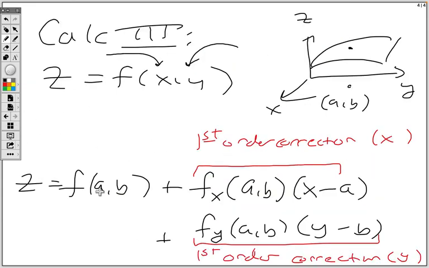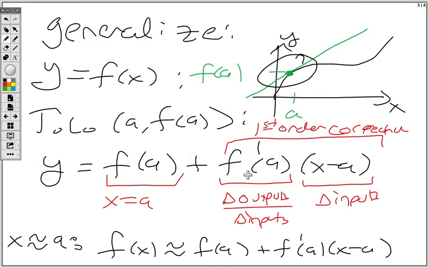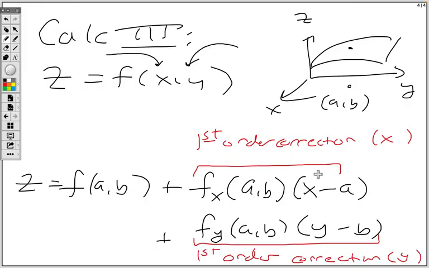We have our initial function value, and then we're trying to figure out, if we move off of that point, what the approximate change in the function will be. In Calc 1, we have only one independent variable, so we look at that rate of change times the change in the independent variable. In Calc 3, we've got 2, so we're going to move off in the x direction, see what that is, and in the y direction.